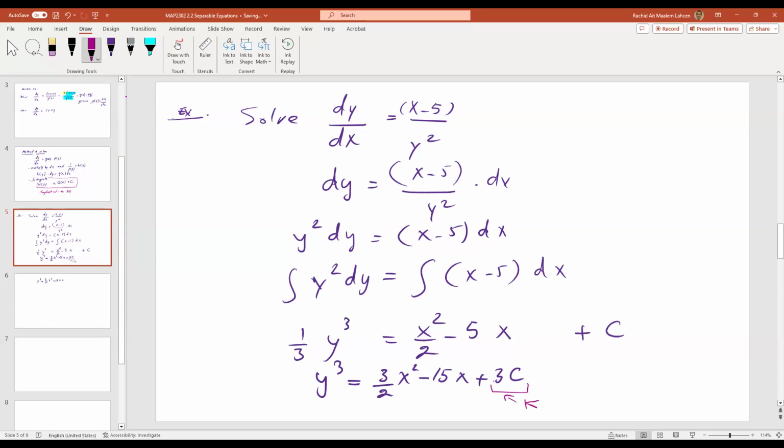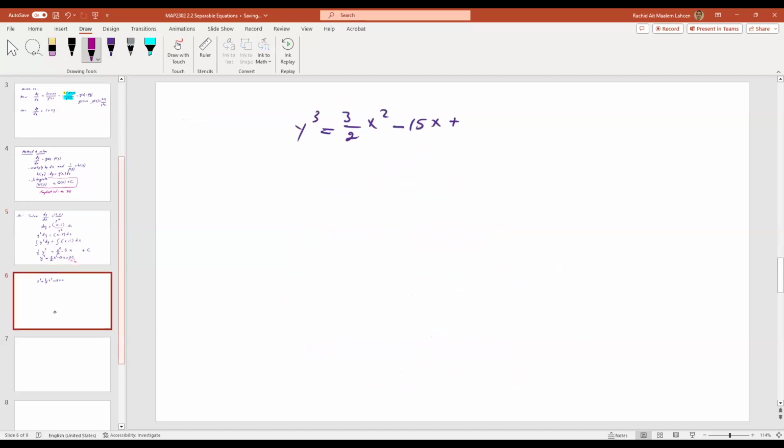So sometimes for the computer to understand the constant, you will need to use what's stated there. So here in that case, I'll just put k here. So we see that this is y cubed, so we need to take the cube root of both sides, and that's going to give us the implicit form.